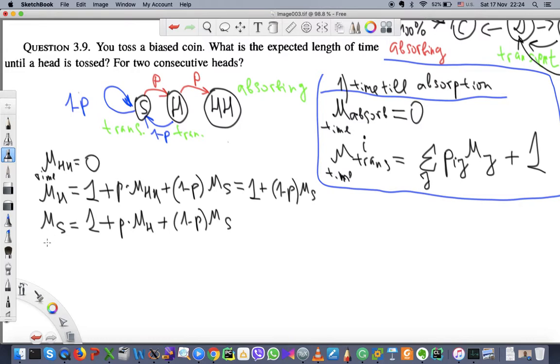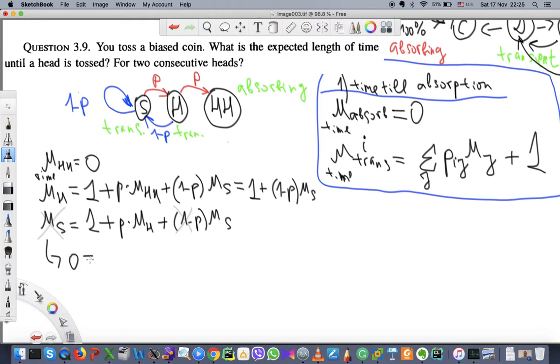Now, from this equation, I would like to simplify it a little bit, and I would cancel mu S on both sides. So what we will get is the following.